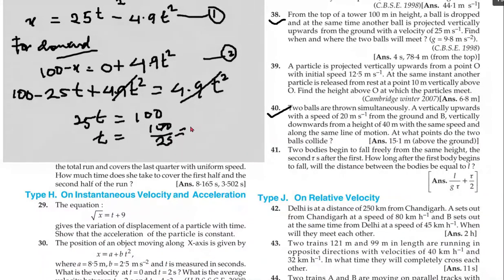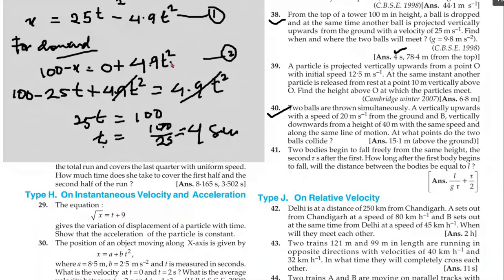Time is 4 seconds. Now that I have t as 4 seconds, I can put the value of t here and find x.